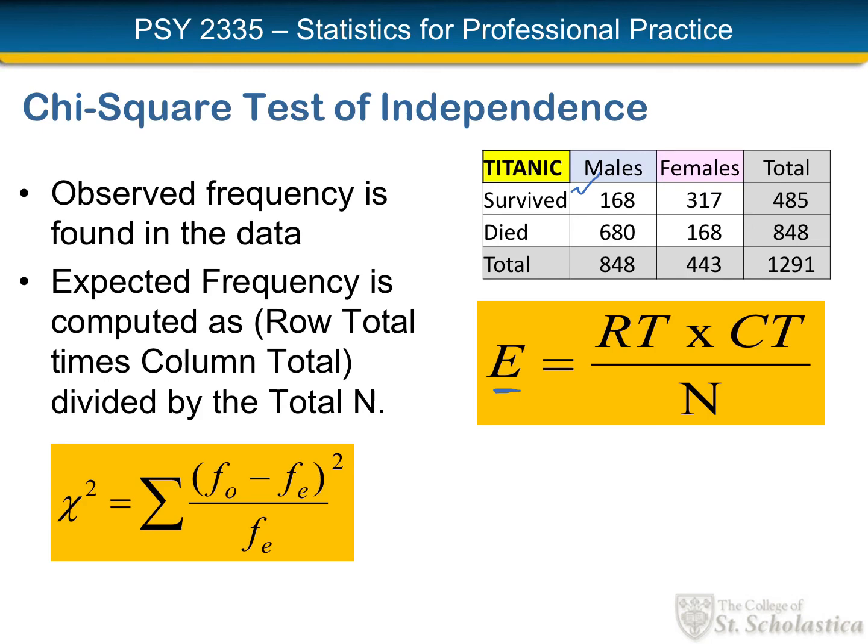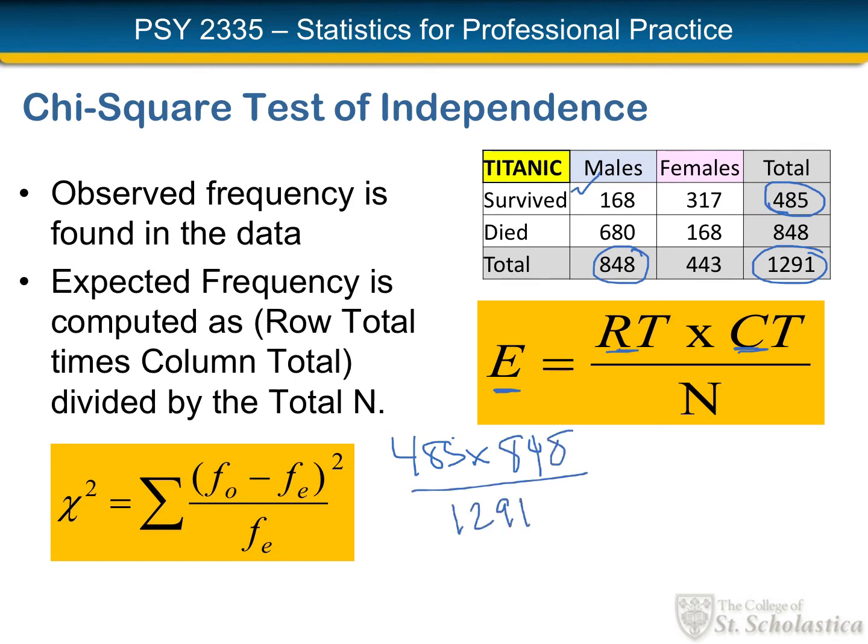And I need to say first how many people survived, that's my row total, times the number of men, that's my column total, and then I take that multiplied number and divide by the grand total. So here I would have 45 times 848 over 1291.